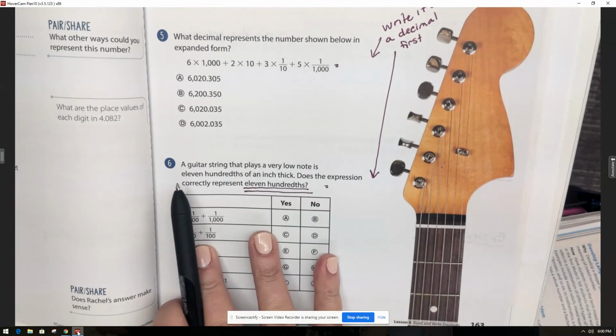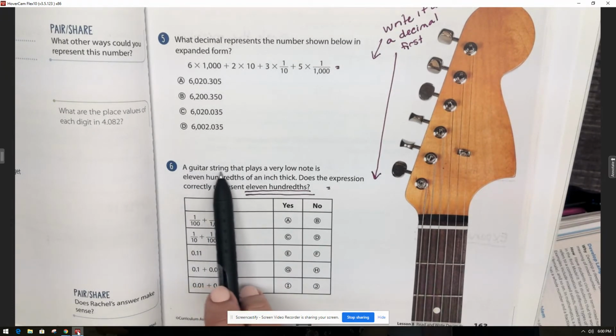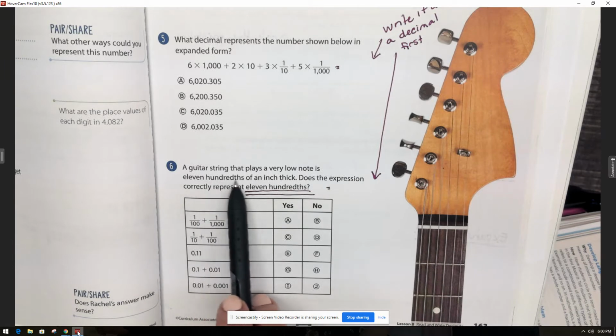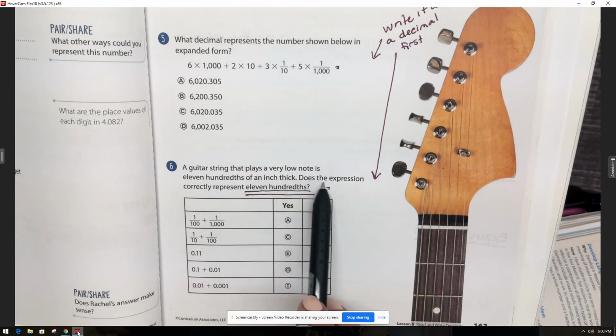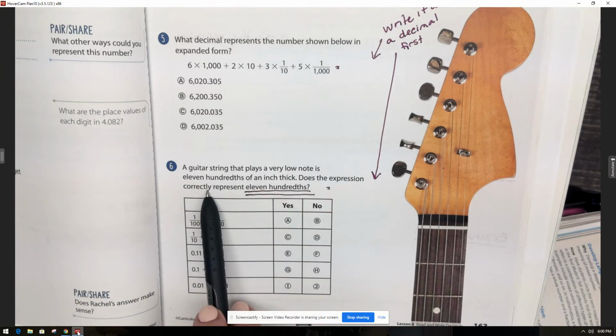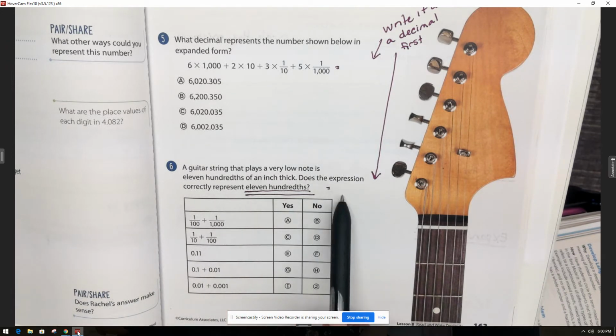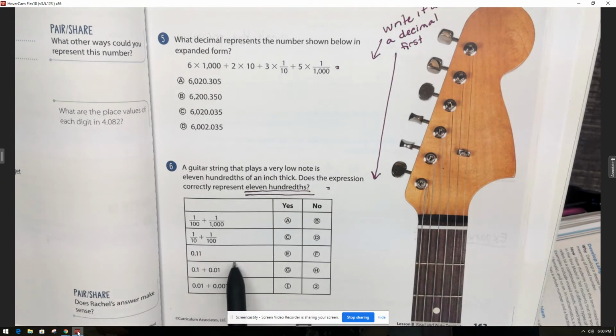For number 6, again, it says a guitar string that plays a very low note is 11 hundredths of an inch thick. Does the expression correctly represent 11 hundredths? Go ahead and write 11 hundredths as a decimal. Then figure out if each of these ways shows you 11 hundredths.